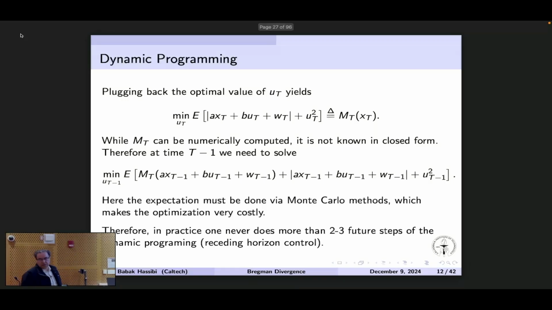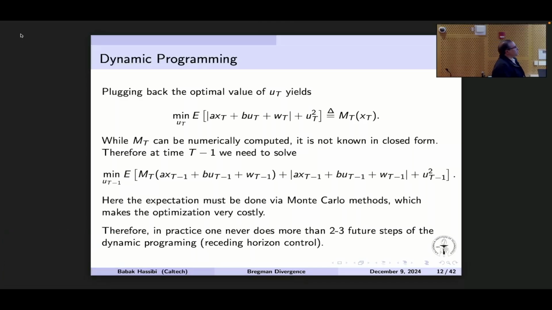And so nobody does this. At best, you can do this for 2, 3 steps in advance, and sometimes people do. This is sometimes called receding horizon control. So you make a control action looking 2 steps into the future. But this is not something that you can do. Okay, so that's, in a nutshell, why no one does this.